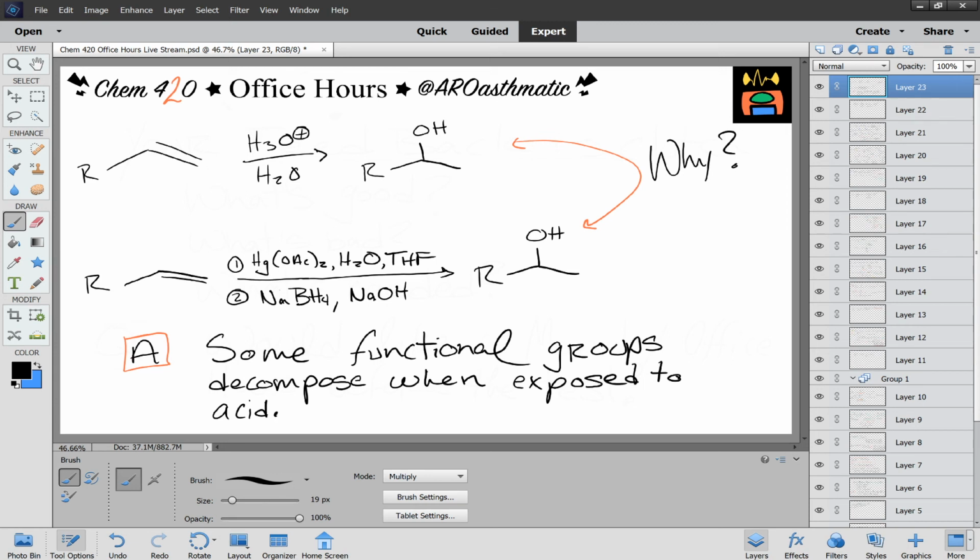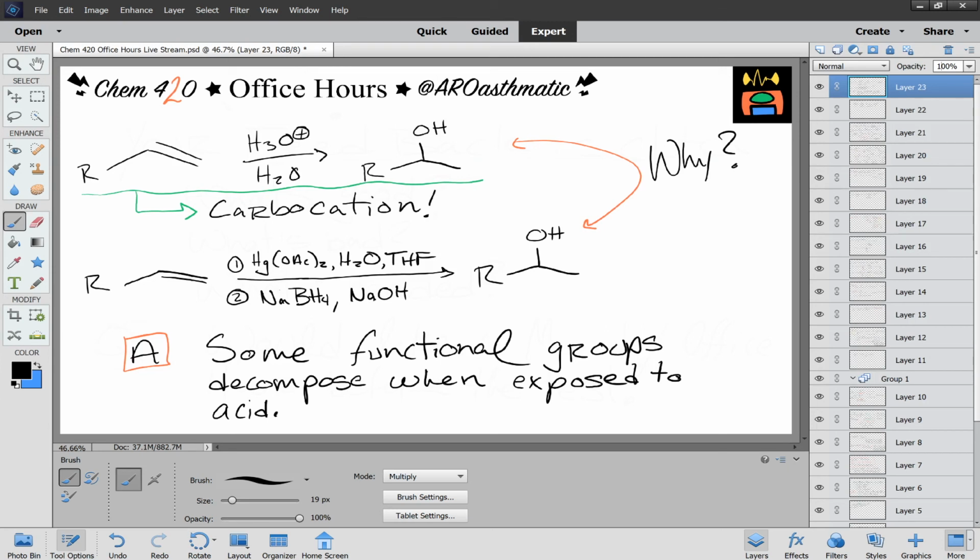Another reason is the first reaction involves carbocations, a carbocation intermediate. And that can lead to possible carbocation rearrangements.